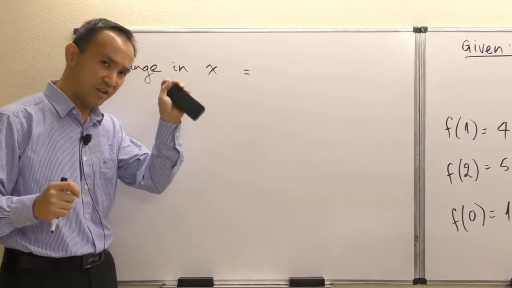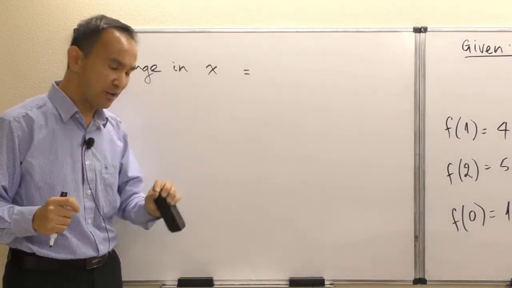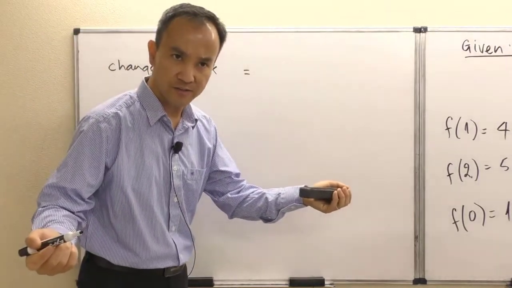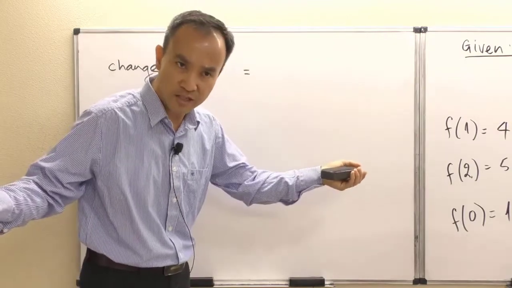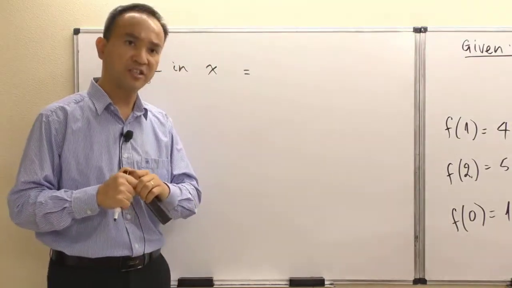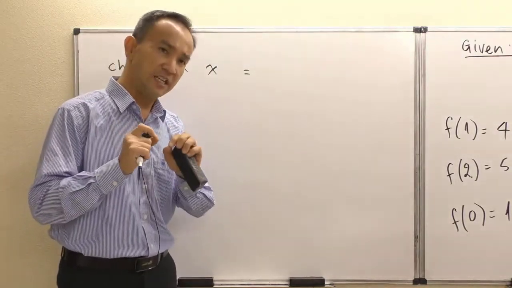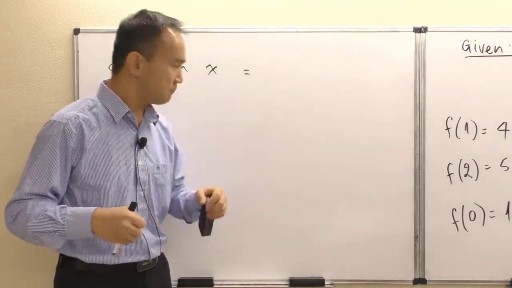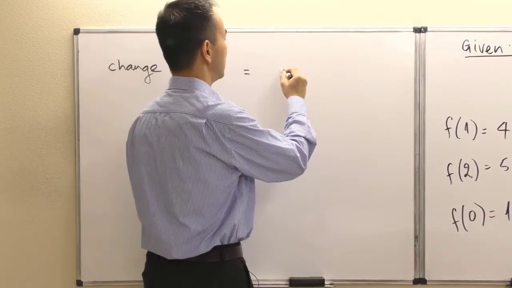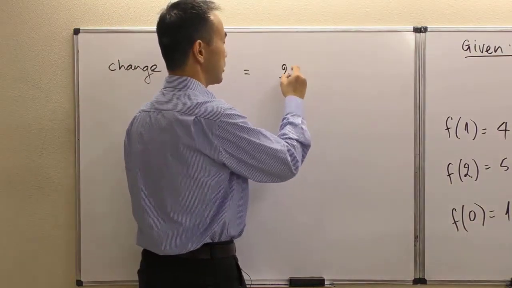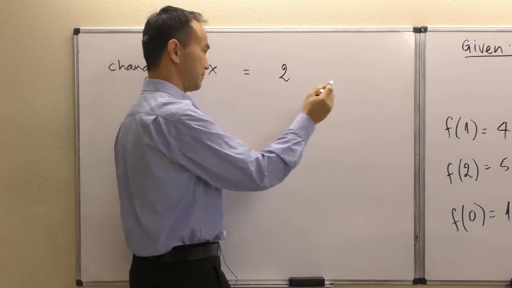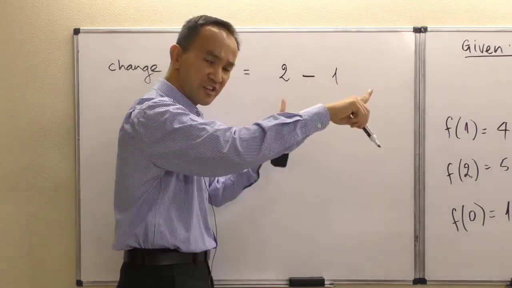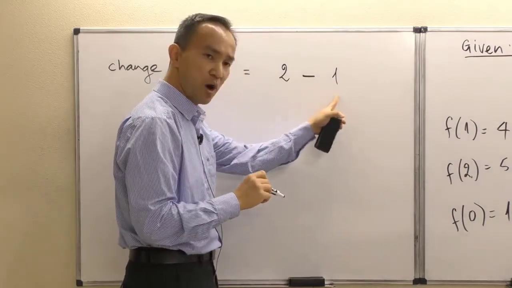To calculate a change, you don't have to wait until pre-calculus to understand; it's simply the difference in the value between 2 and 1. We're going to go with 2, which is the final x value, minus 1. So we formally take that difference to calculate how much change from x equals 1 to x equals 2.